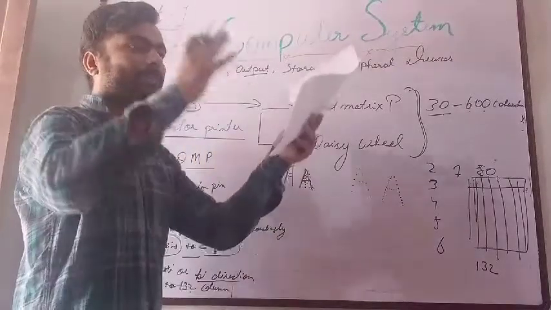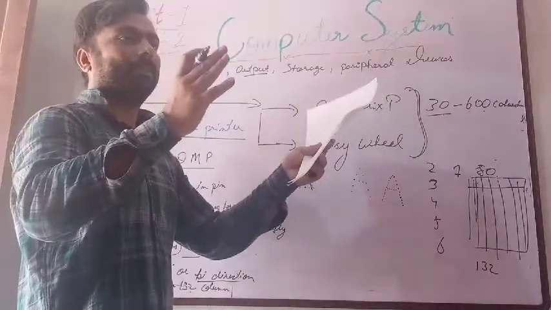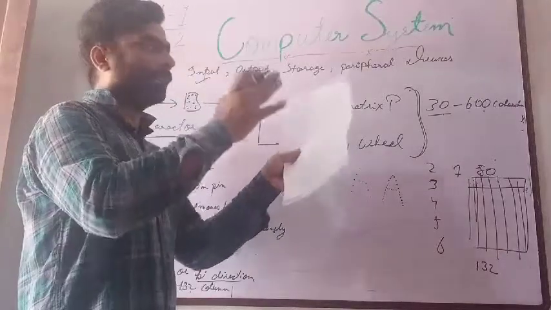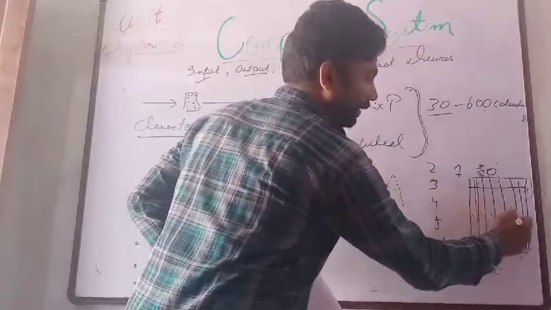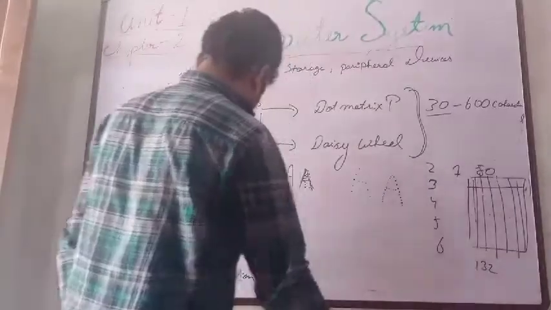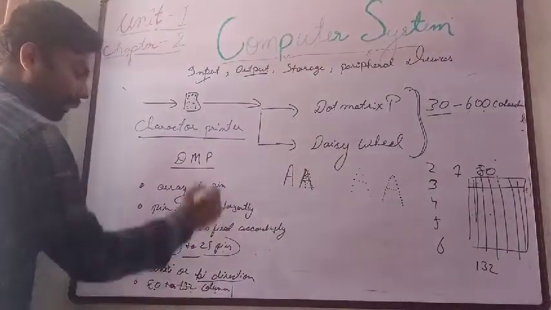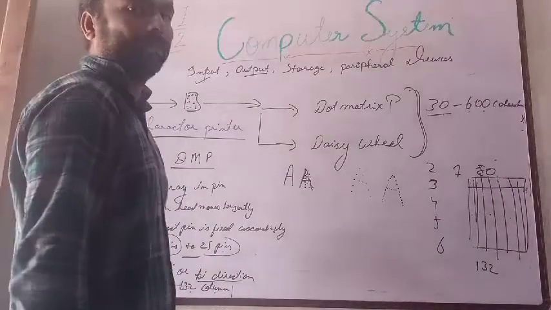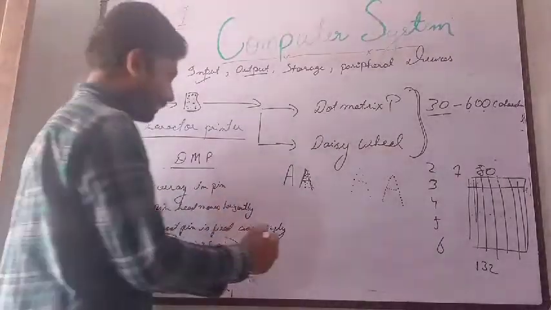So the bigger the character, the smaller the number of columns generated on the page. Okay, so 80 to 132 columns are formed by the dot matrix printer.